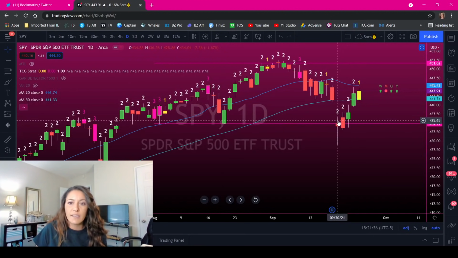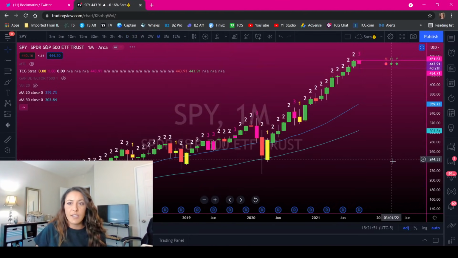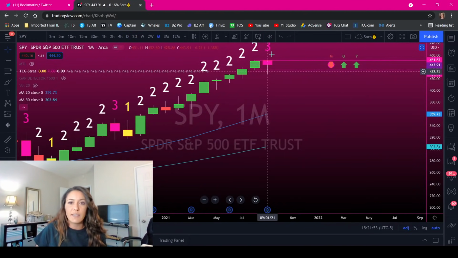You could have bought $10 lower if you knew about outside bars, because the likelihood of us taking out the lows was very high. Using multiple time frame analysis and knowing that we have a good chance of becoming an outside month, you know we're going to go visit the August lows.